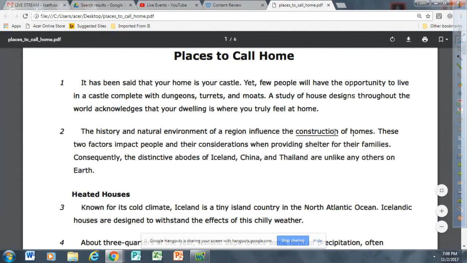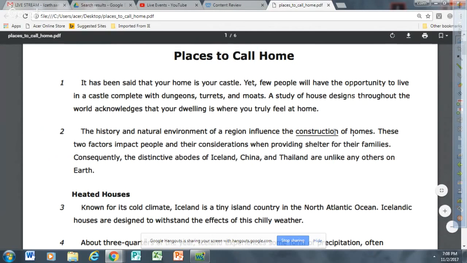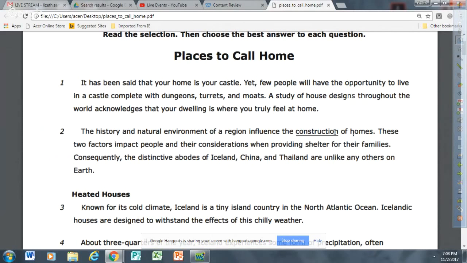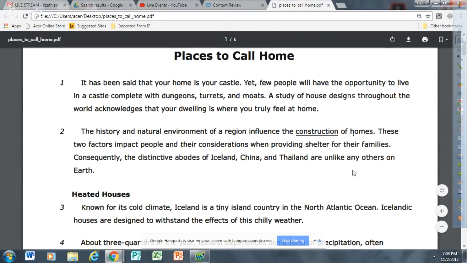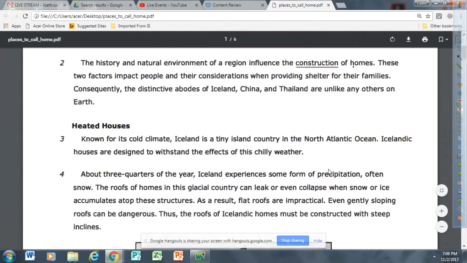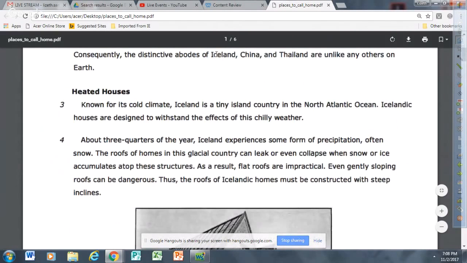And this is underlined, so it gives me a clue that I'm probably going to have to look this word up. But a lot of you might already know what the word construction means. So how they build their homes is going to be influenced by the natural environment and by the history of that community. And it even told you the different homes in Iceland, China, and Thailand. And we saw that in the photographs.